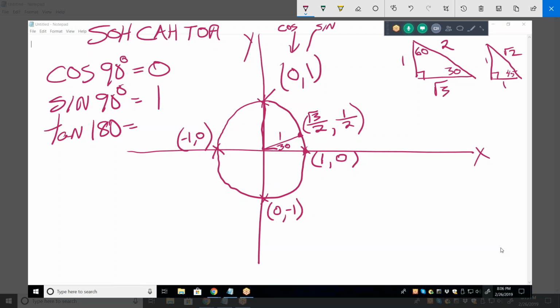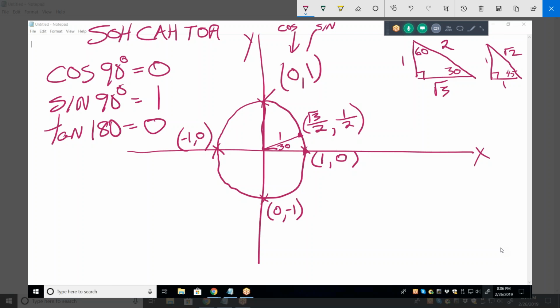So what's the tangent of 180? Undefined? No. Remember the y value is the sine. 0 divided by minus 1. Oh, 0. You can have a numerator of 0. You just can't have a denominator of 0.